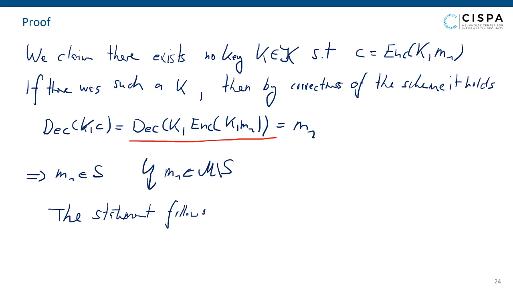Which is, we found a ciphertext C, which is an encryption of M0, but under no key an encryption of M1.